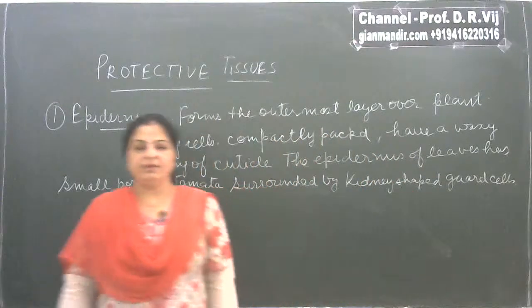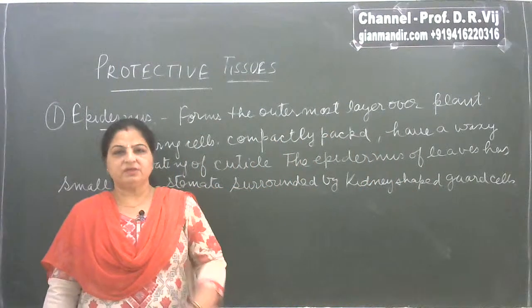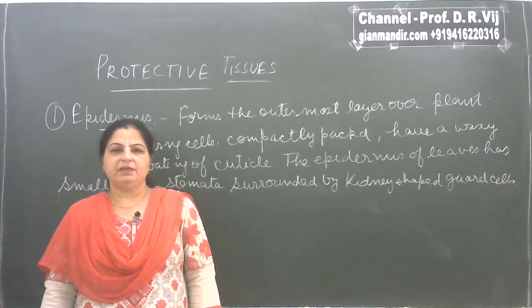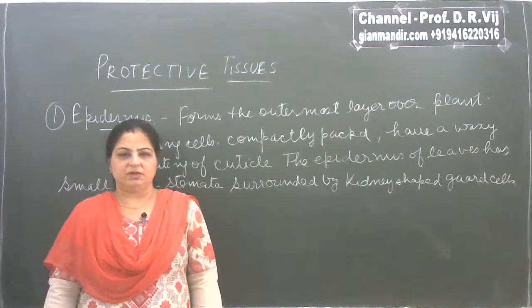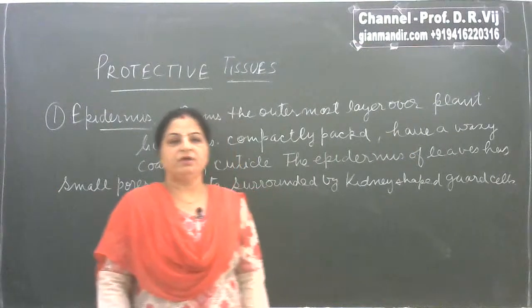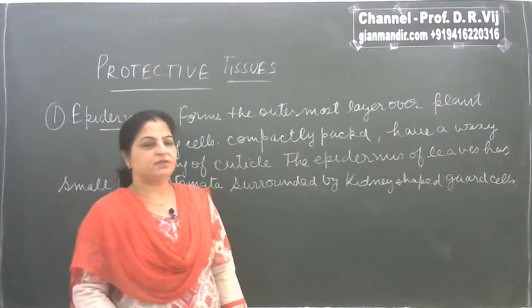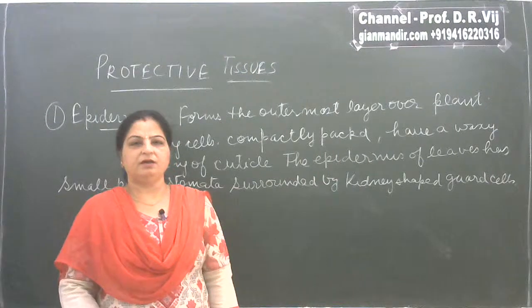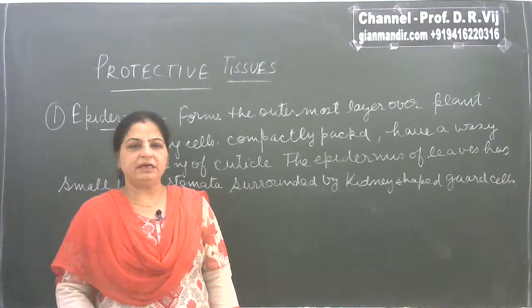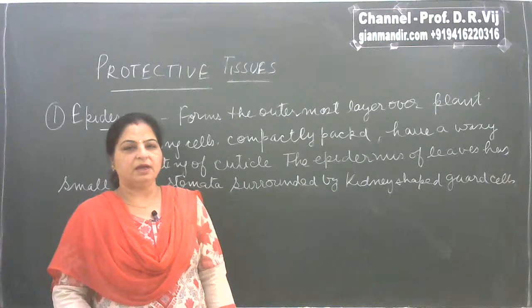So the epidermis of leaves and some other aerial parts of the plant, for example the green roots and green stem and green branches, in that case also they have the small pore like structures, and these pore like structures are known as stomata, and these stomata are surrounded by the kidney shaped or bean shaped cells called guard cells.